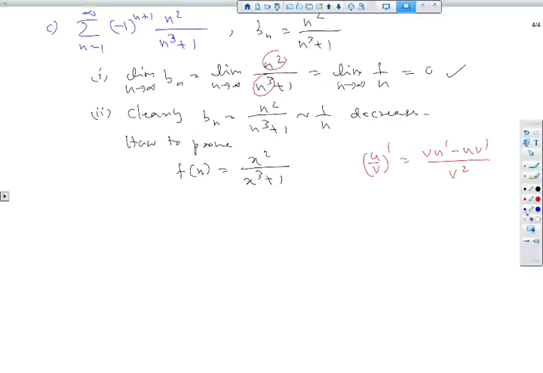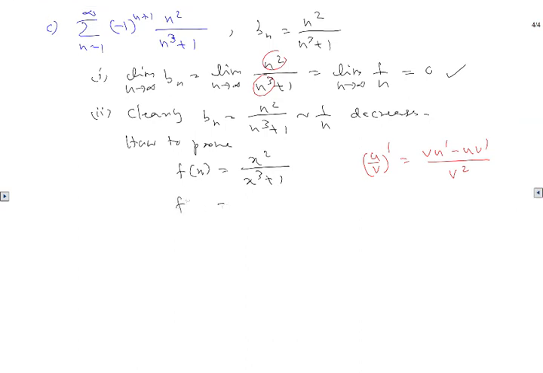If you use the quotient rule, this is f prime of x. So it is (x cubed plus 1), take the derivative of x squared, we get 2x, minus x squared, take the derivative of x cubed plus 1, 3x squared, over (x cubed plus 1) squared.